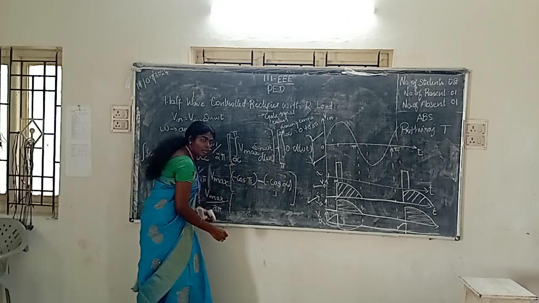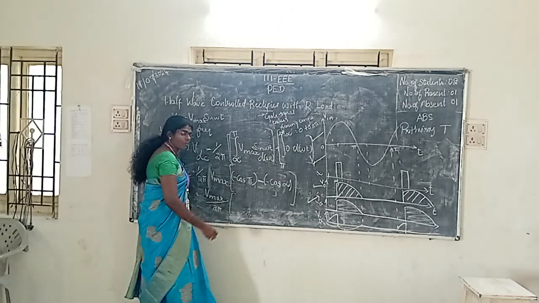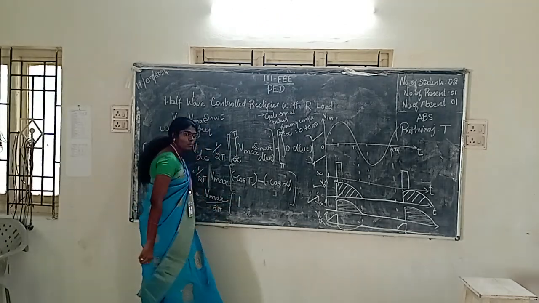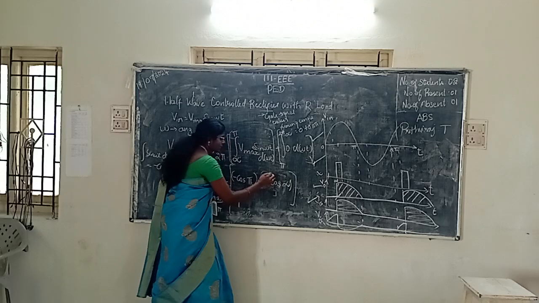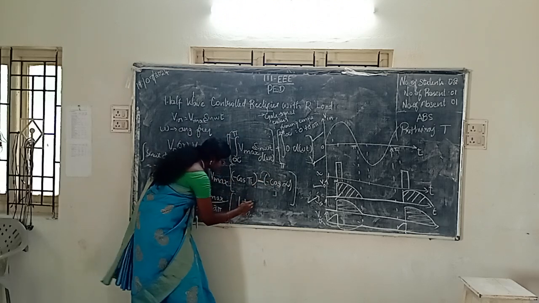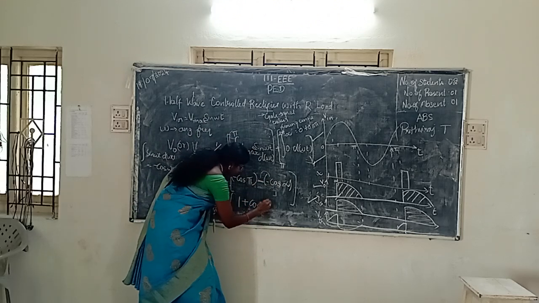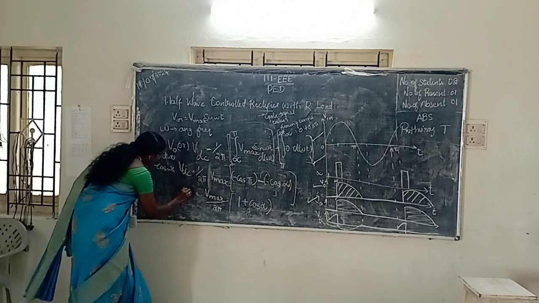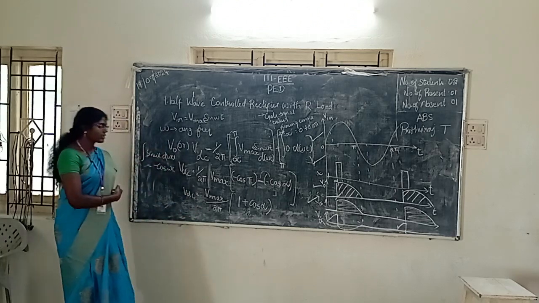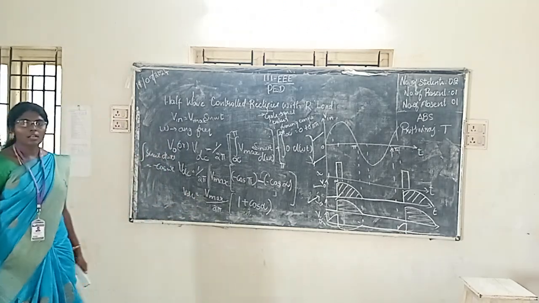Cos pi is minus 1, so minus cos pi is plus 1. Minus into minus becomes plus, so 1 plus cos alpha. So VDC is V max by 2 pi into 1 plus cos alpha.